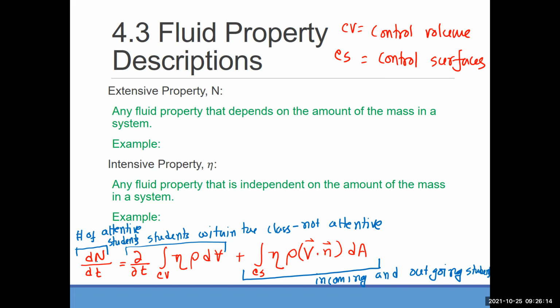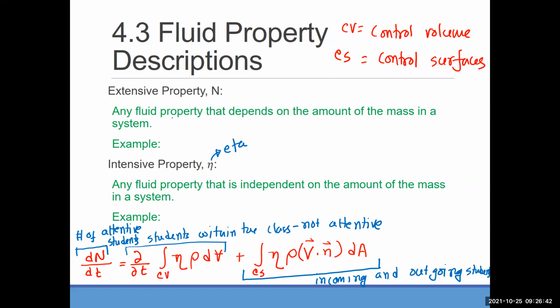Now this n, that is called the extensive property, and this eta, that is called the intensive property. Can anyone read what is the extensive property? What is the definition of extensive property? Okay, that means any property which is related to mass.